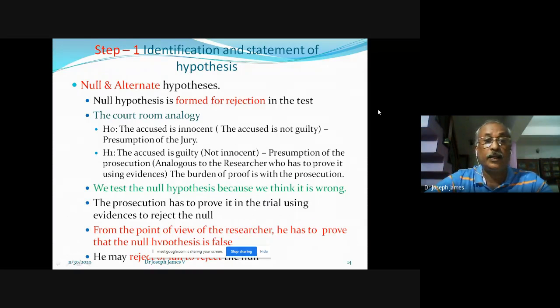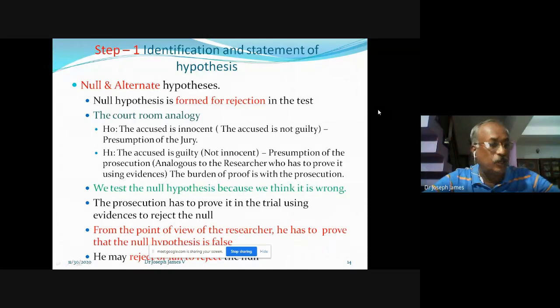And if he could not reject the null hypothesis, he won't say that we accepted it. We say only that we failed to reject the null hypothesis, and we go for further inquiry to reject it, because this null hypothesis is scientifically formed, based on information, on literature, on conceptual or logical deductions.